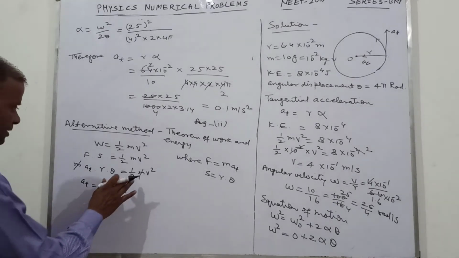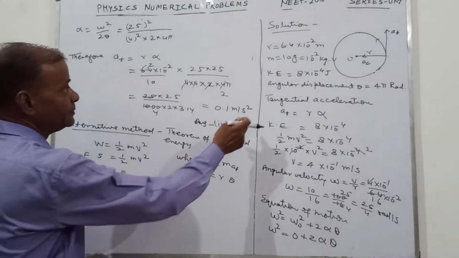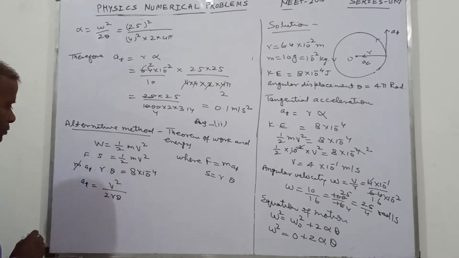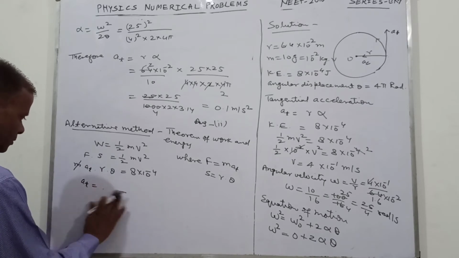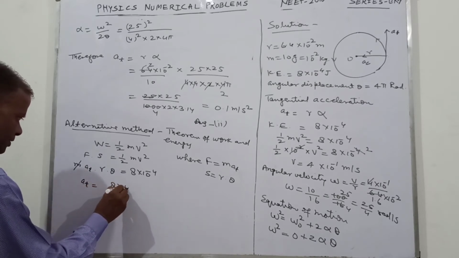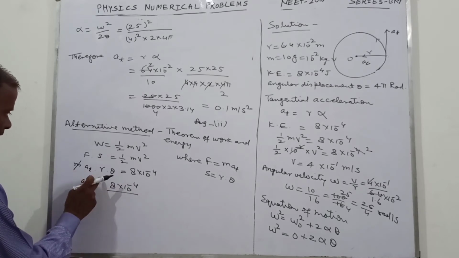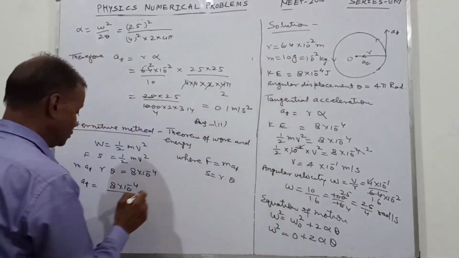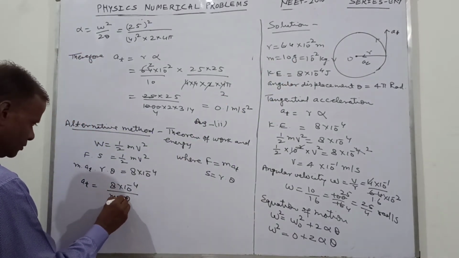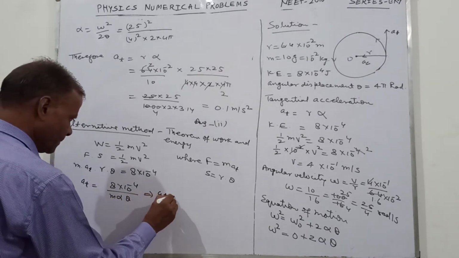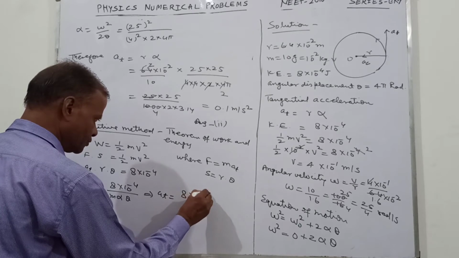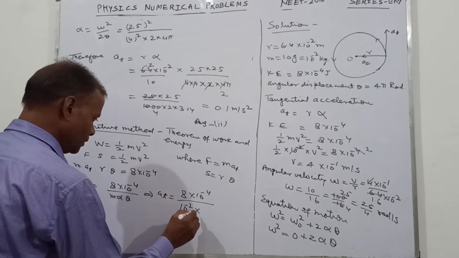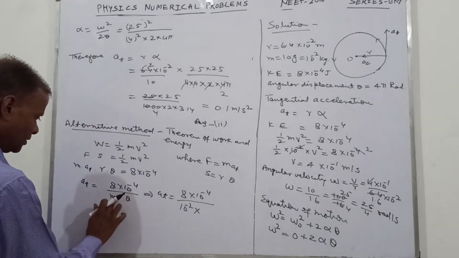Now you do not cancel this one because half m v square is given to be 8 into 10 raised to the power minus 4. Then this m, the mass, is given to be 10 gram. So this is m r into theta. So just you calculate: at equal to 8 into 10 raised to the power minus 4, m is equal to 10 raised to the power minus 2 into r into theta.